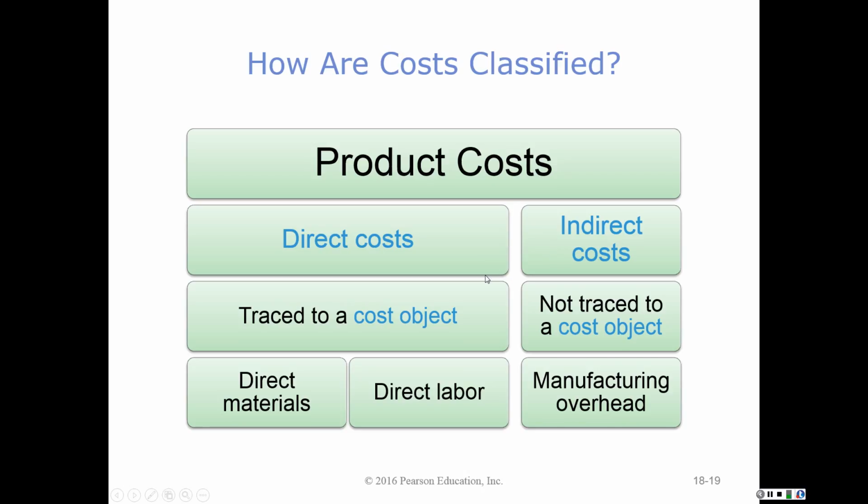So those indirect costs that are not traced directly to a cost object are either indirect materials, indirect labor, or any other cost associated with manufacturing your inventory that we cannot trace directly to the product. And all of these costs, these indirect costs, will end up in an account that is called manufacturing overhead.